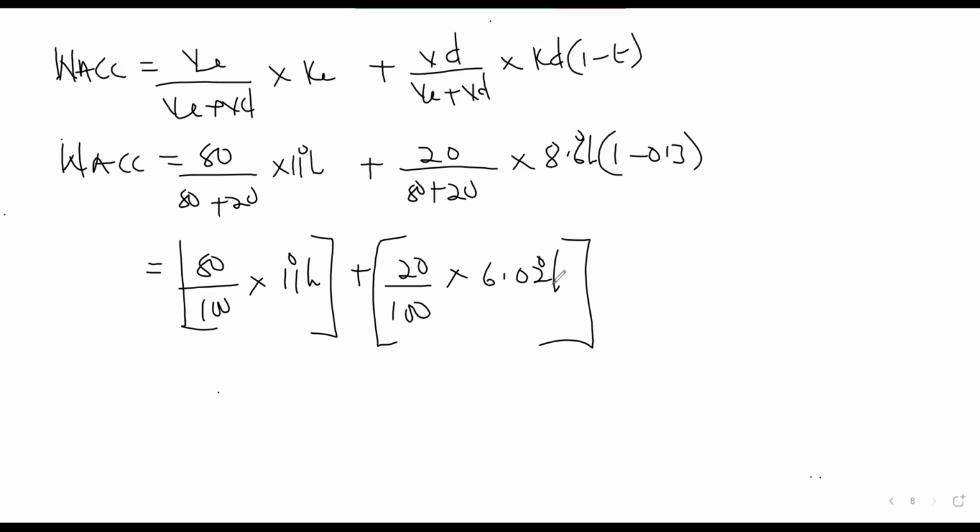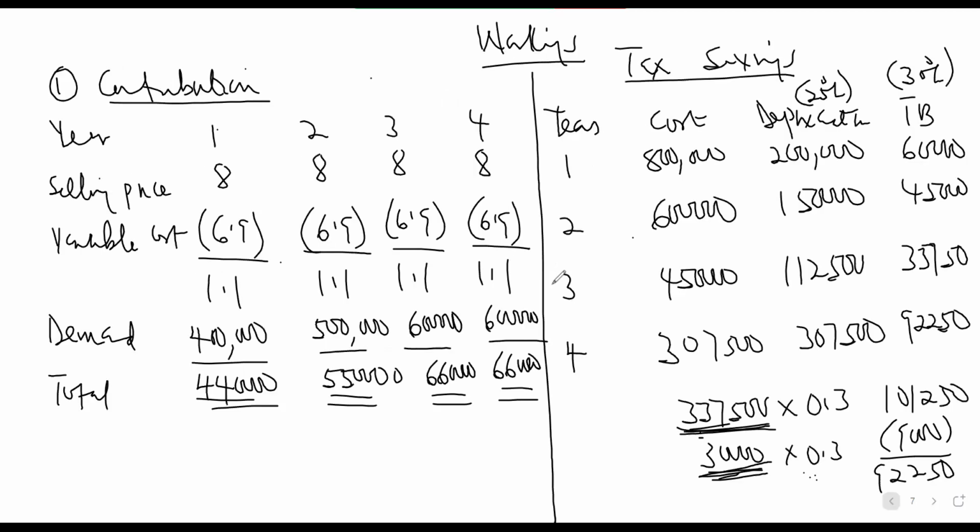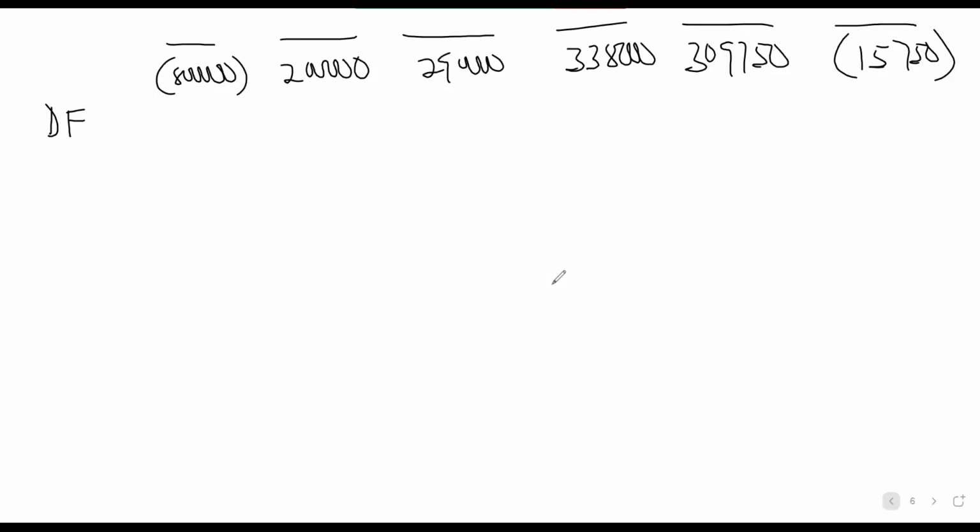I'm getting 10% in total. The first one is 8.8. The second one is 1.204. So the total is 10%. So our discount factor will be 10%. So you now discount this cash flow using the 10%. So 0.909.